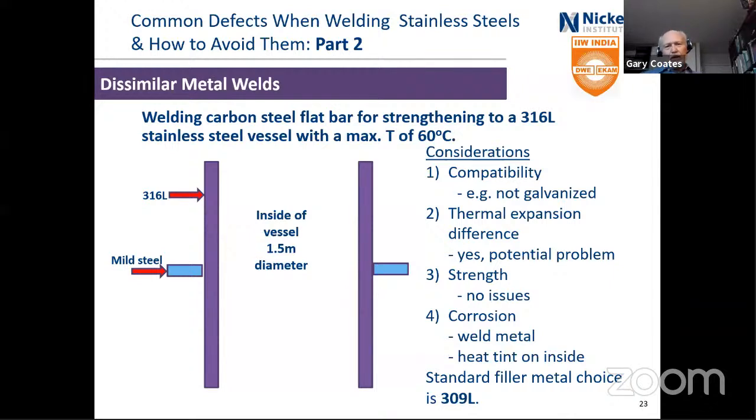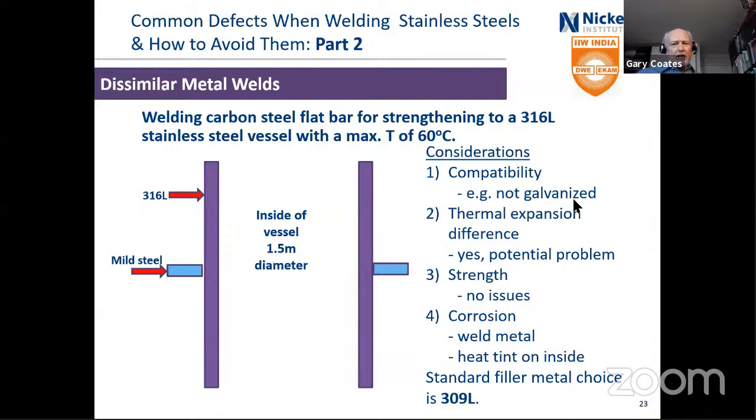Maximum operating temperature might be 60 or 80 degrees C. And we're going to weld some mild steel flat bar we've rolled into rings around it. The vessel is 1.5 meters diameter. What are we going to think about here in the vessel? As I say, it's 316L.